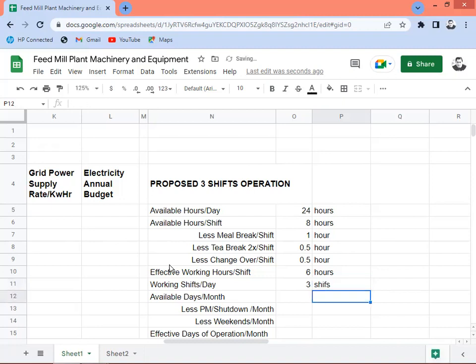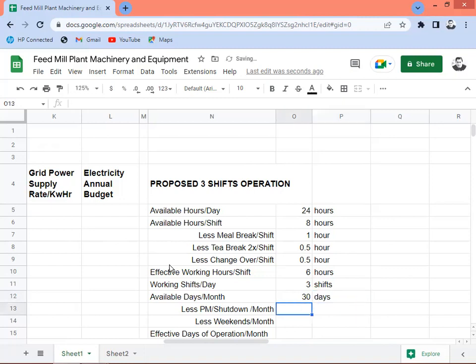Okay, 3 shifts. Then the available days per month, let's just say 30, because the majority of the months in a year have 30 days, or never mind the 31 and the 28 days. So we'll just stick with 30 days.